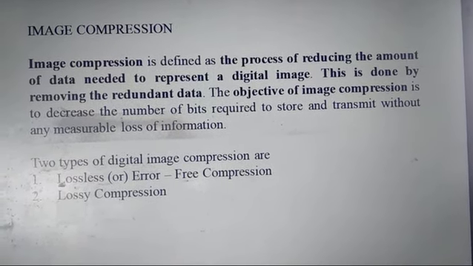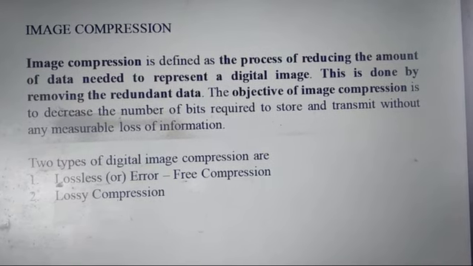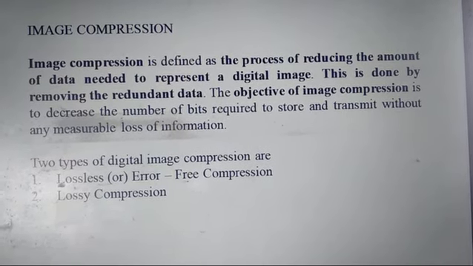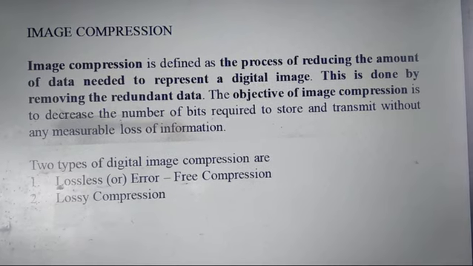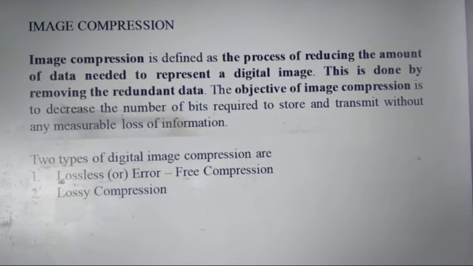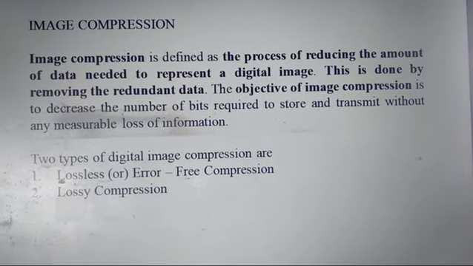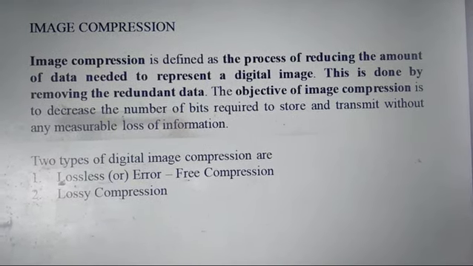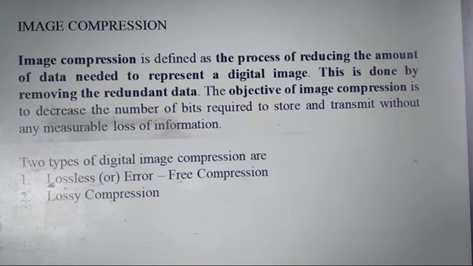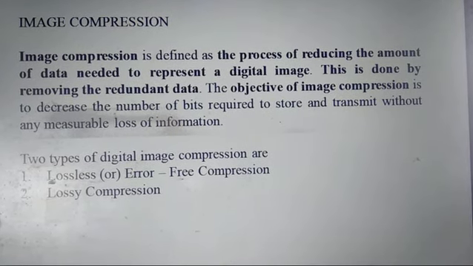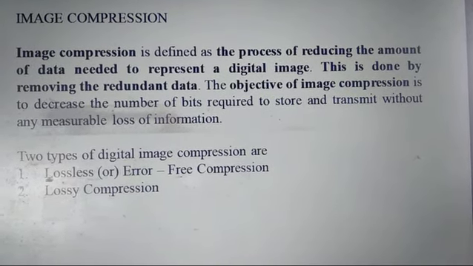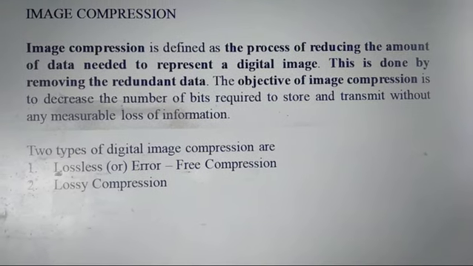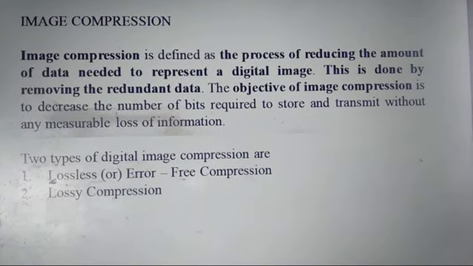Whenever we represent any information, there are two things: information and data. All data is not information; information and data are two different things. To convey the information we require the data.